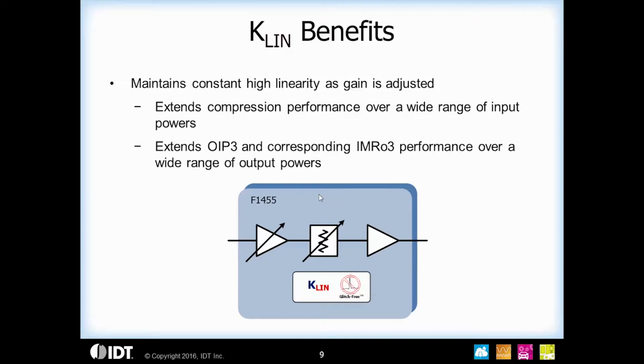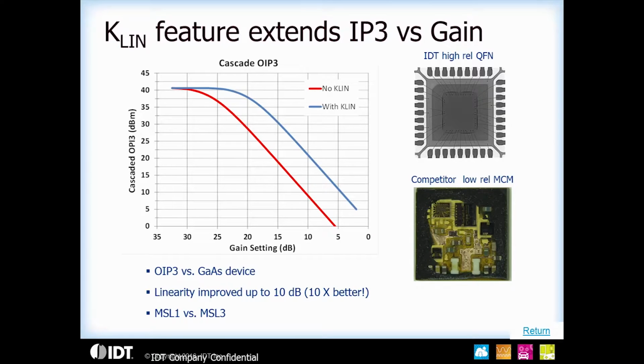Now I'm going to talk about Kailyn, one of our very recent technical innovations. With Kailyn, we are able to maintain high linearity as gain is adjusted. To explain this, I'll show you a plot.